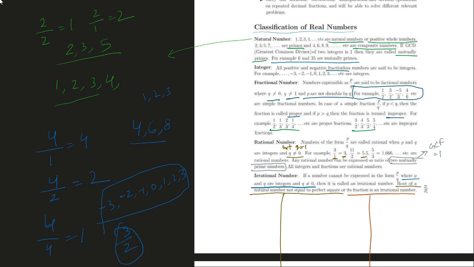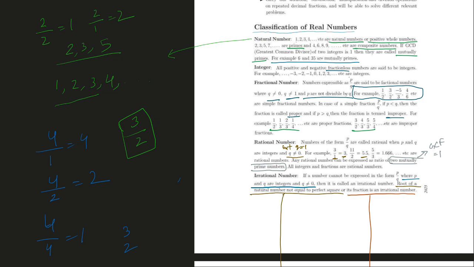The next one is the fraction number, right? So what is a fraction number? A fraction number is a number that is not a whole number. For example, 3 by 2, what we wrote before, is a fraction number, so we can't express it as a whole number or an integer.